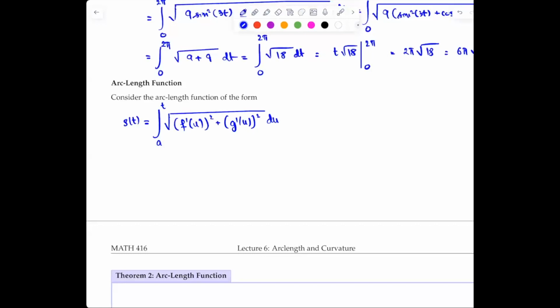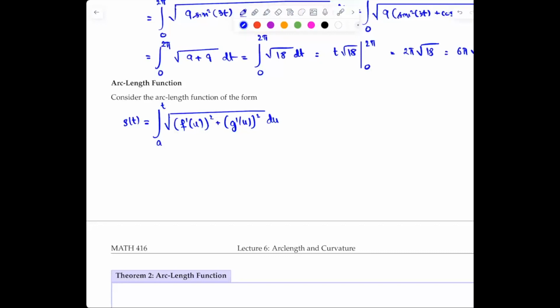So now you change the variable for the integrand from t to u. Okay, so that is the arc length function.